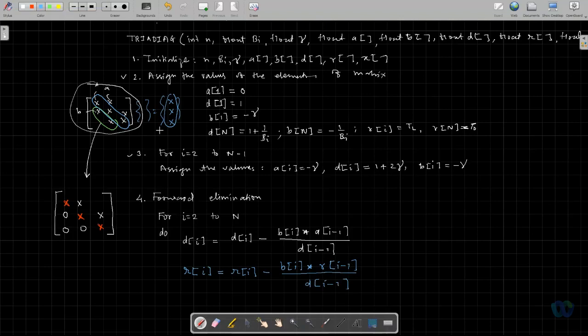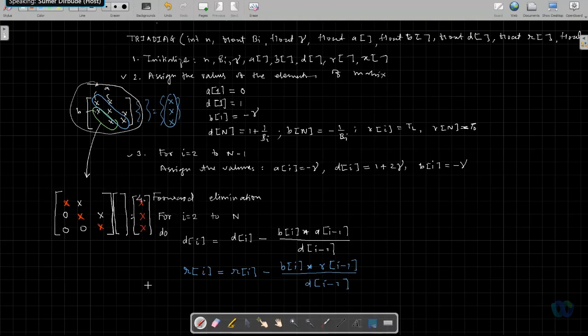So we got the new modified values of the elements of the matrix and the right hand side values.